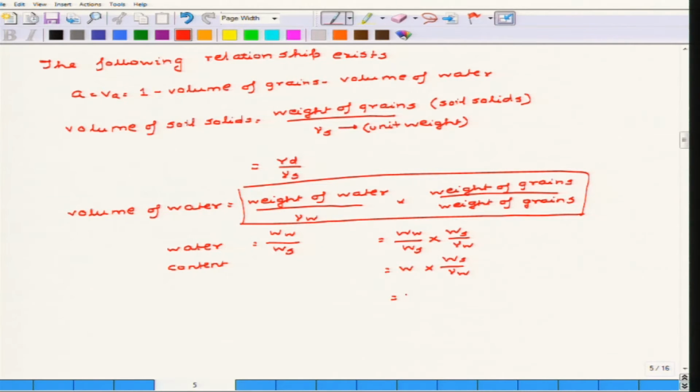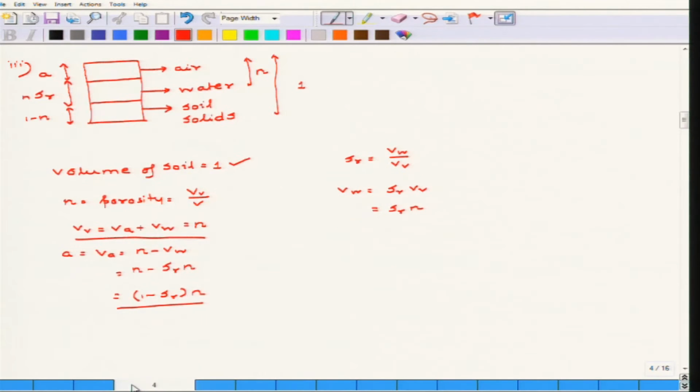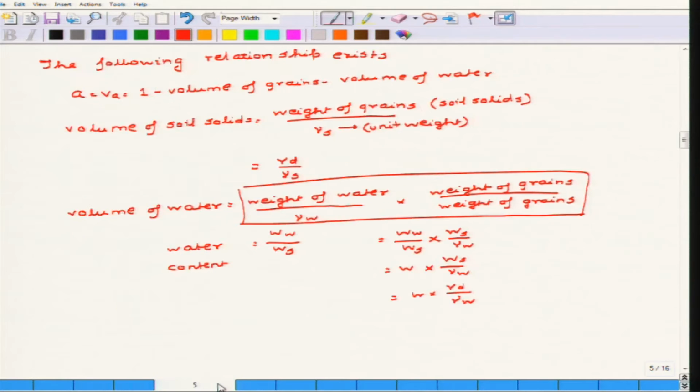Now, Ws, the weight of the soil solids, as I have said previously, is again gamma d by gamma w, because the soil mass basically consists of soil solids, since we consider the unit volume. If the volume of the soil is 1, then gamma d can be written as the weight of soil solids by the volume of the entire mass.